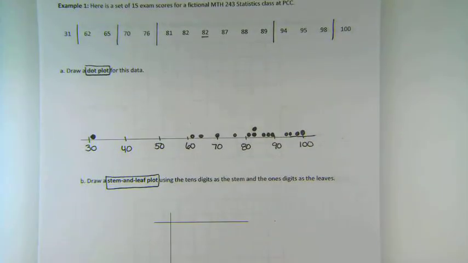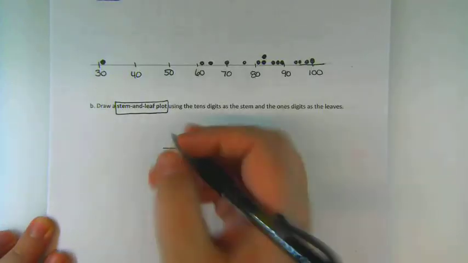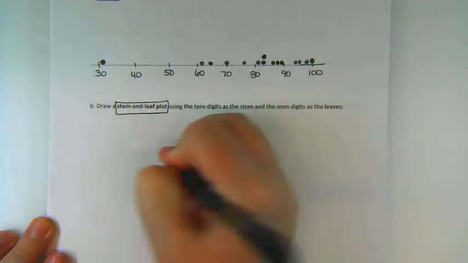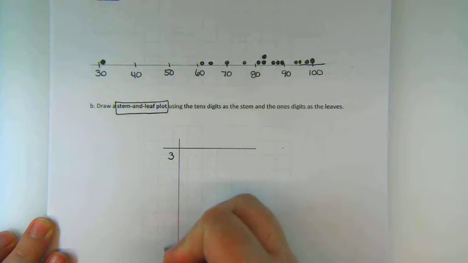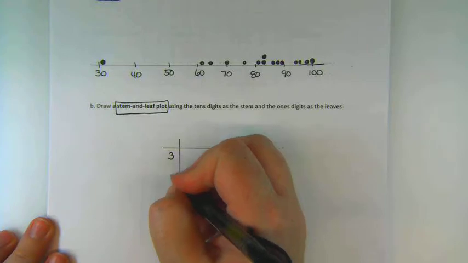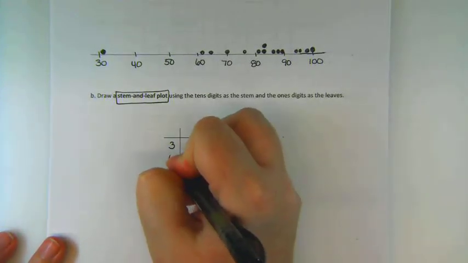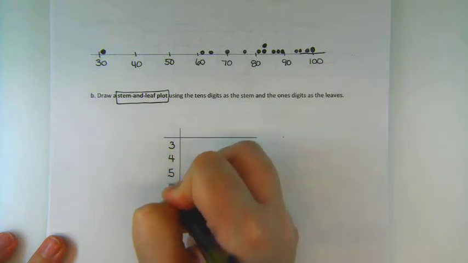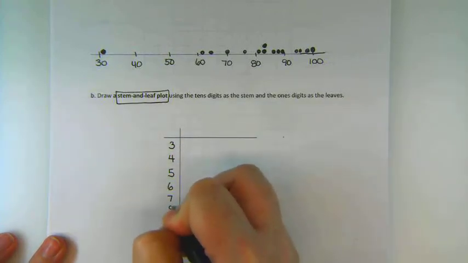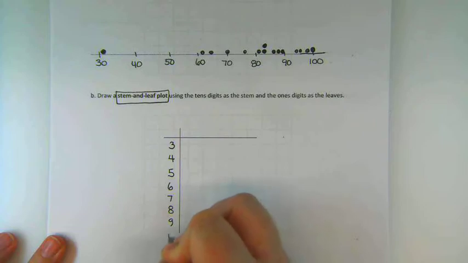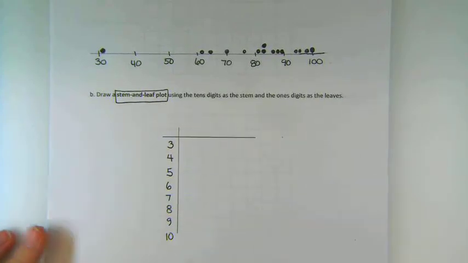So in terms of our tens digits, we want to start in the 30s and go all the way up until the 100s, which will show us a 10 right here. And what we want to do is write every single stem between those two values. So I want to write 3, 4, 5, 6, 7, 8, 9, 10, so all the way up to the 100s.